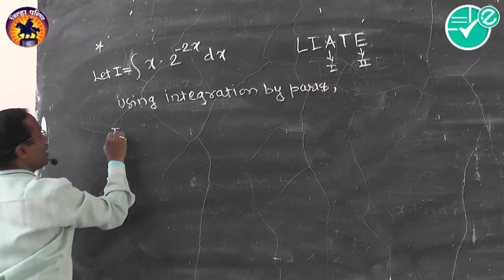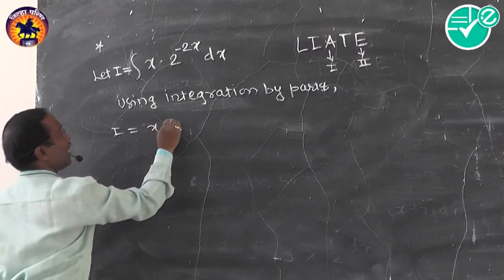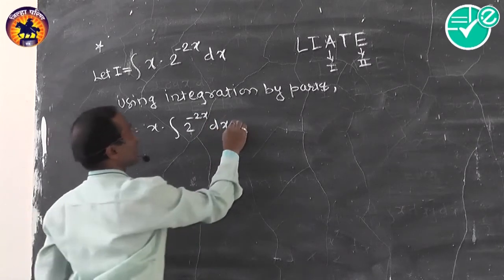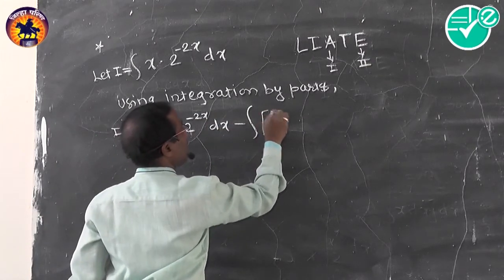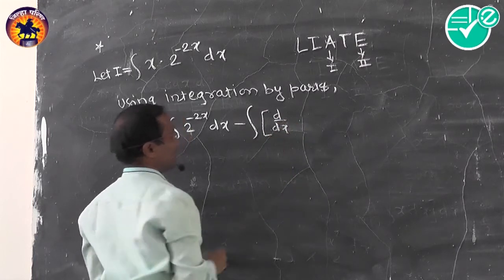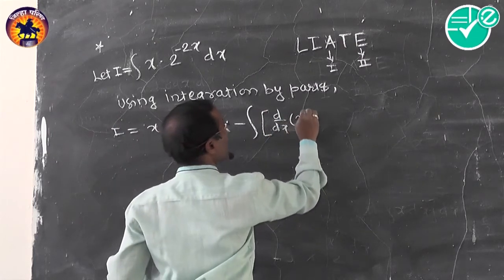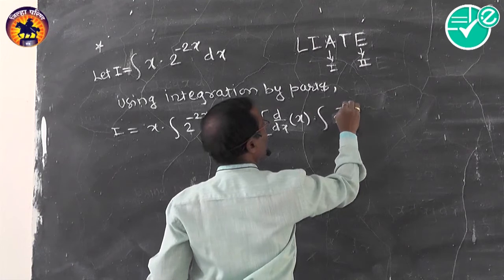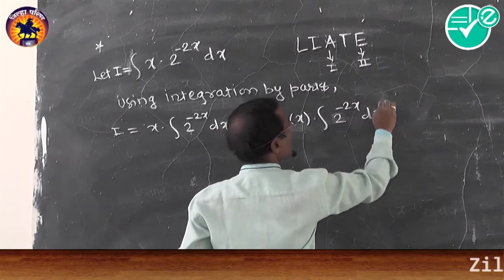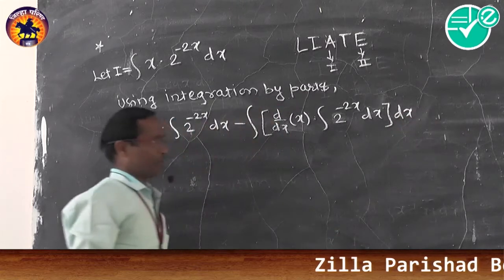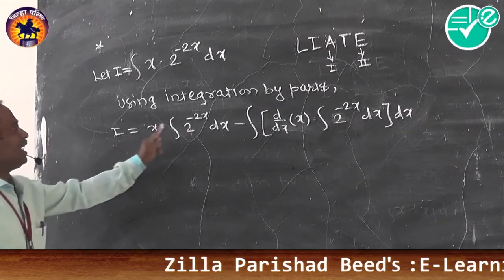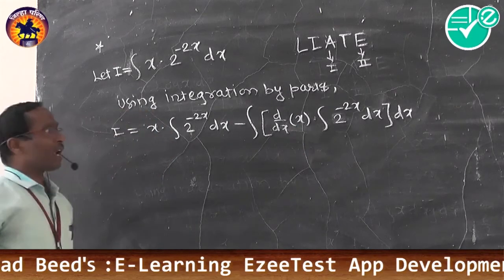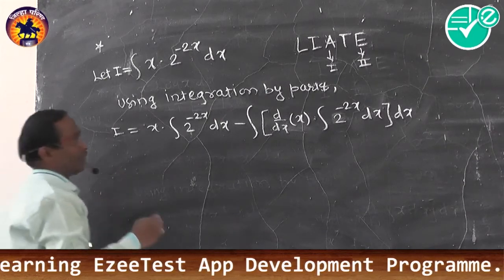First function as it is, integral of second, minus integral of derivative of first, d by dx of the first function x, into integral of 2 raised to minus 2x dx, with respect to x. First as it is, integration of second, minus integral of derivative of first into integral of second function with respect to x.